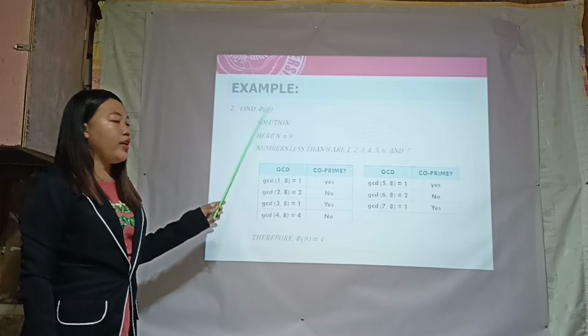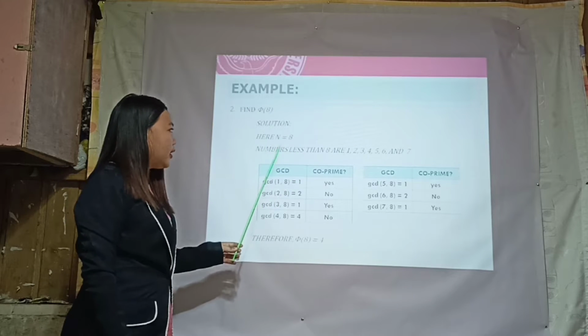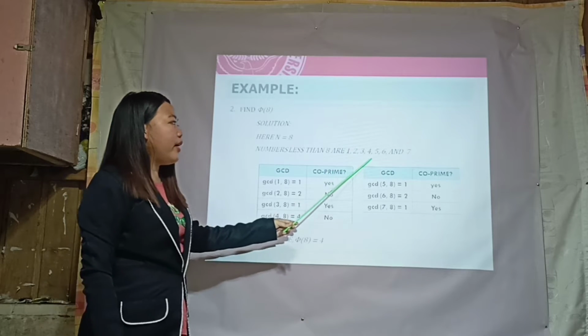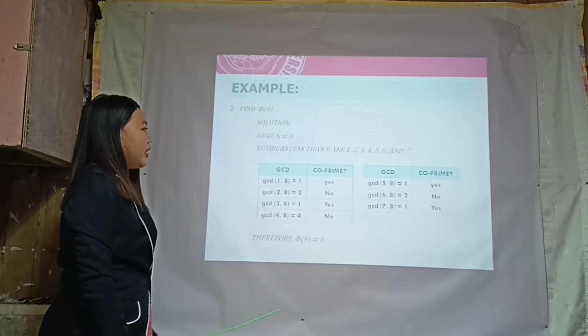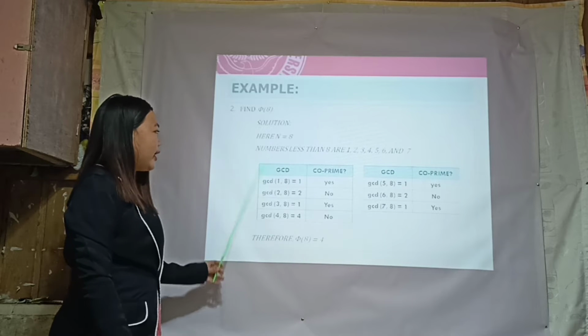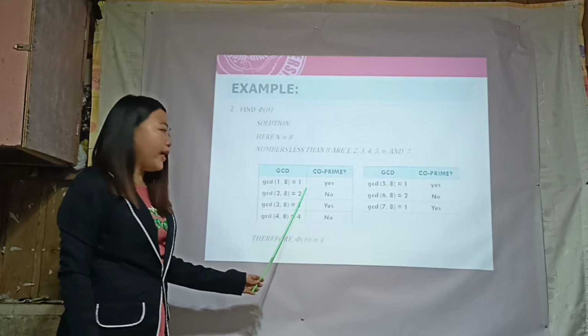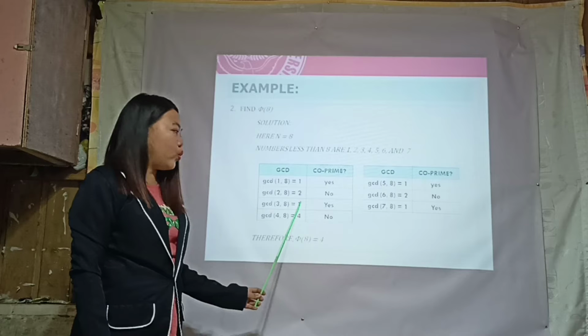Find phi of 8, where n is equal to 8. The numbers less than 8 are 1, 2, 3, 4, 5, 6, and 7. As you see, the GCD of 1 and 8 is equal to 1. The GCD of 2 and 8 is equal to 2.